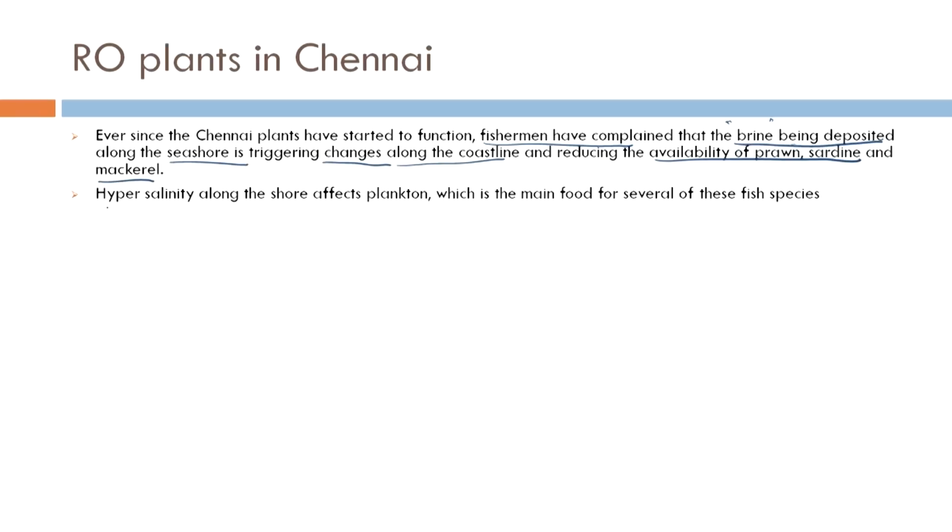So hypersalinity, why is that? This brine has remarkably high TDS, God knows, maybe lakhs of TDS, along the shore, and it affects plankton, which is the food of several of these fish species. Again, we are messing up the aquatic ecosystem, and the one direct effect is that the plankton which are eaten by the fish can't survive in such highly saline water.